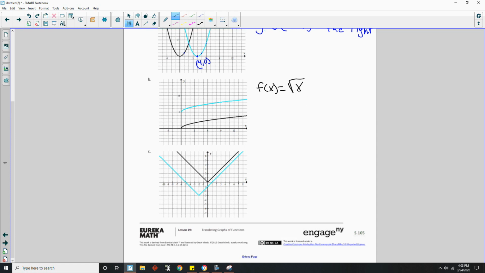So I will check now. The square root of 0 is 0. The square root of 4 is 2. The square root of 9 is 3. Those 3 points work, so that's the function. f of x equals the square root of x.